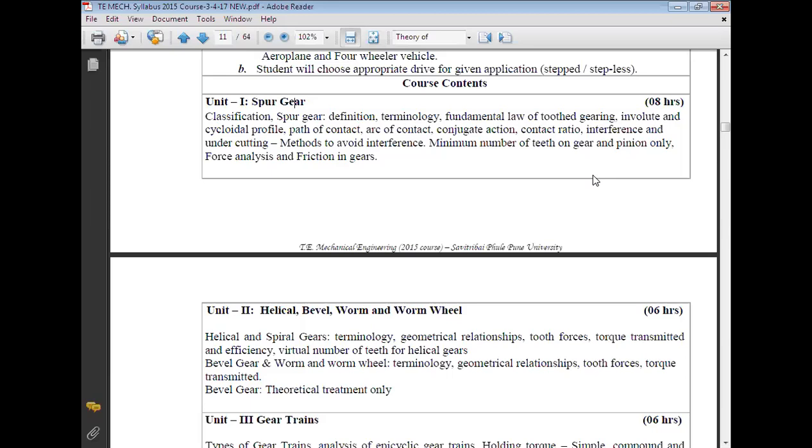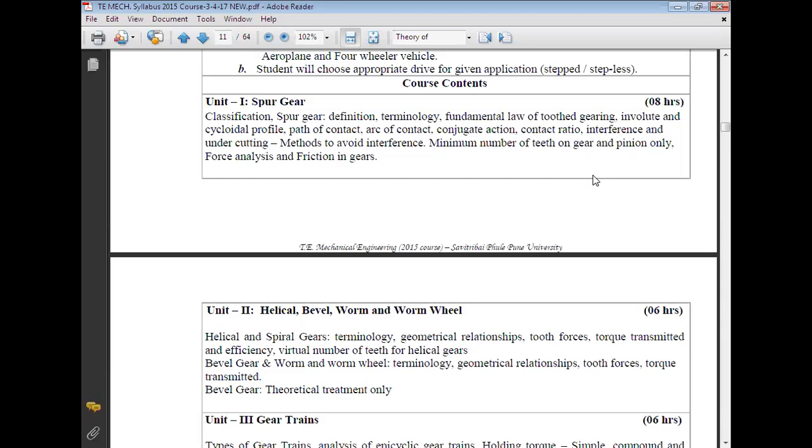Apart from it, this is a base gear. Spur gear has wide applications, and if we see the second unit and third unit, this unit number 1 will be the foundation for these 2 units. So you must understand this spur gear very thoroughly.